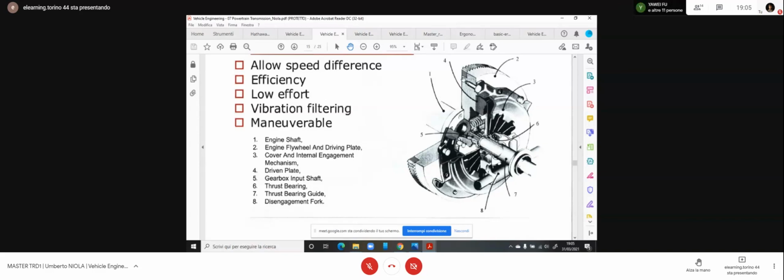The back part here is included in the flywheel of the engine. The external part is fixed with the flywheel, and includes the single spring inside. This is a disc spring, a washer spring. You see all these radial cuts. It is pushed in the center with your pedal.